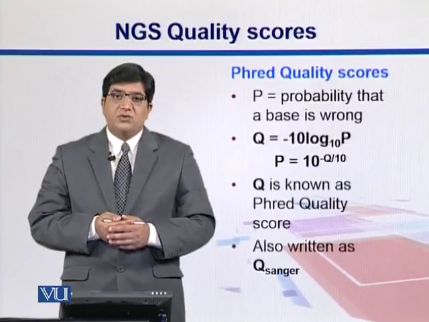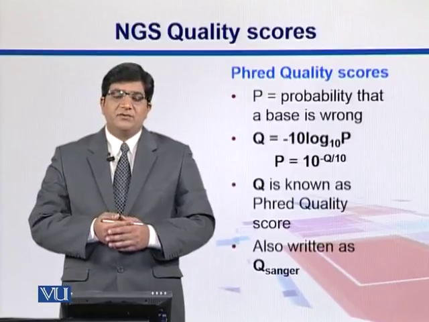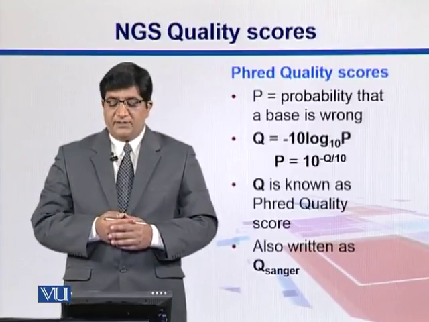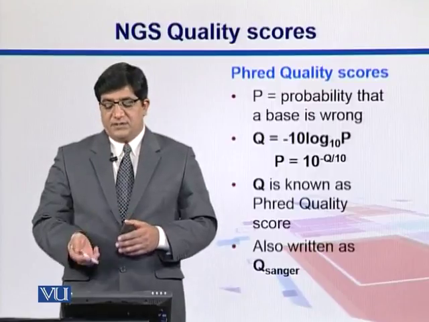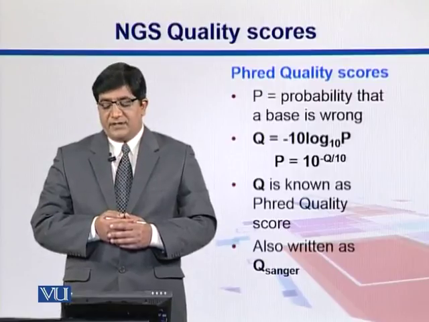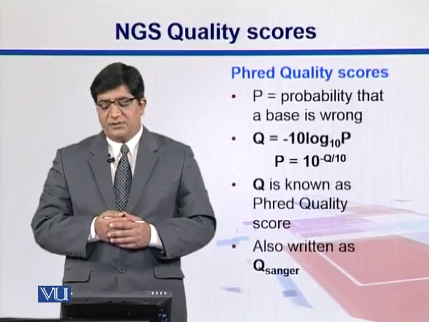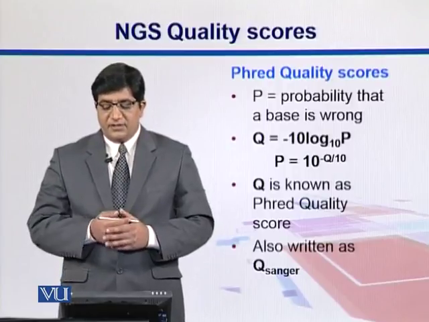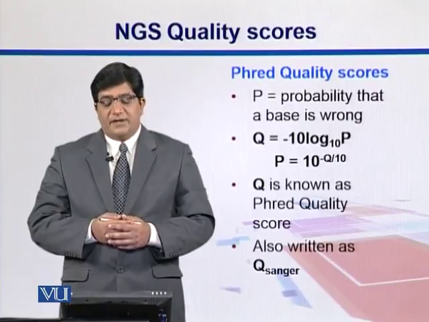In the Phred quality scores, we represent the probability that a base is wrong as P, that is the error probability, and we come up with a score called Q, and this Q is represented by this equation. It is related to P as Q = -10 log to the base 10 of P. P is also related to Q by the equation down there, that is P is equal to 10 raised to the power minus Q by 10.